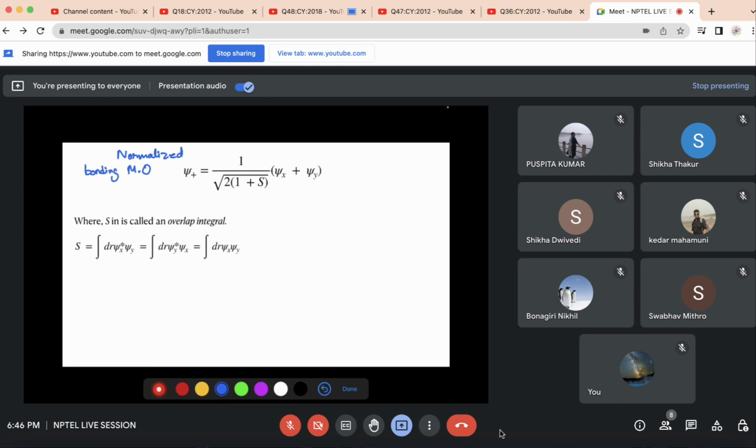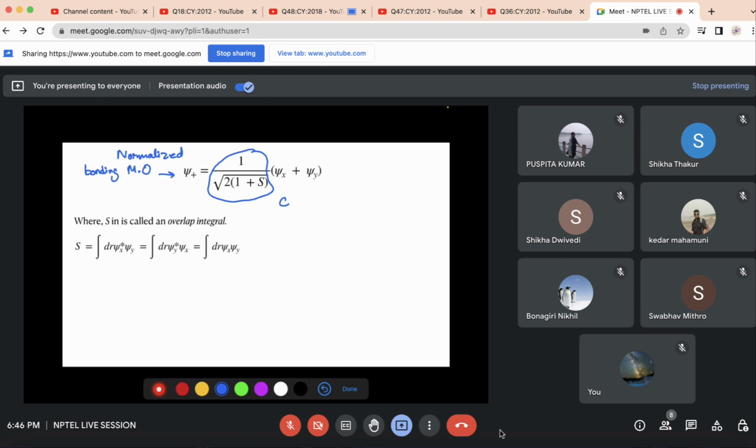So my normalized bonding molecular orbital will be psi plus equal to, where this was earlier C. So I have replaced the expression for C with 1 upon under the root 2 into 1 plus S. So this is my overlap integral. So we have to find S here.